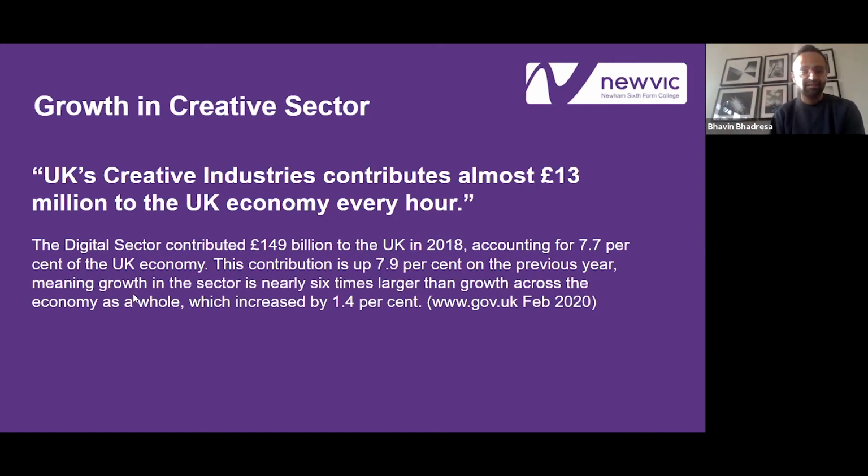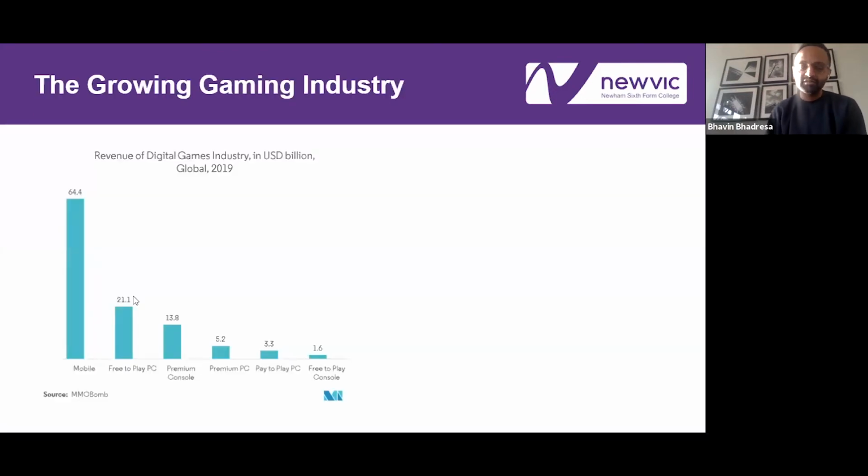The next slide, I don't want to throw too much data at you, but we included this just to show you one thing, which is if you look at how much mobile gaming made in 2019 across the world, that is almost 65 billion US dollars just on mobile games. And you and I know that most of the time when you get games on your phone, you get the free ones, don't you? But there are people that like to pay 59p or £1.99 and download a game and then buy the add-ons, and all of that adds up, and in 2019 it added up to nearly 65 billion.